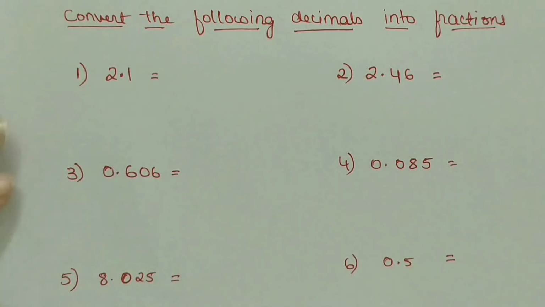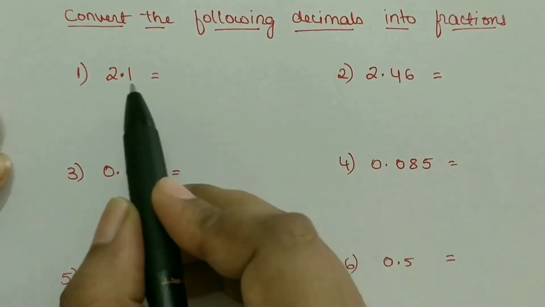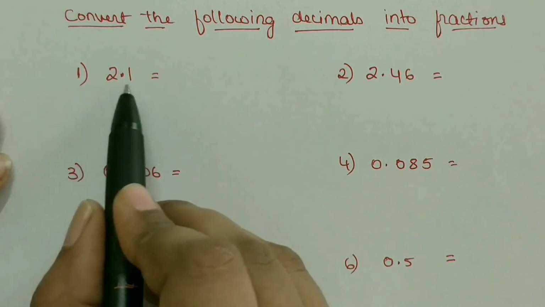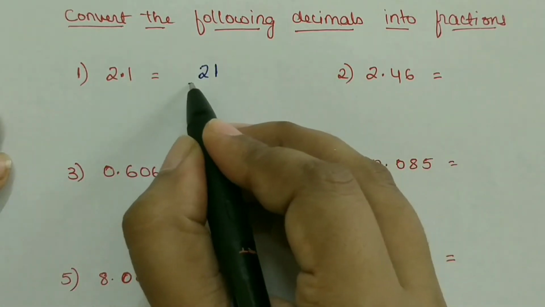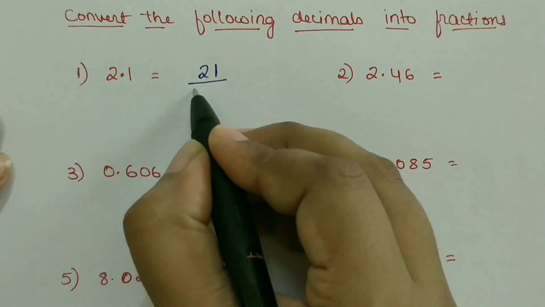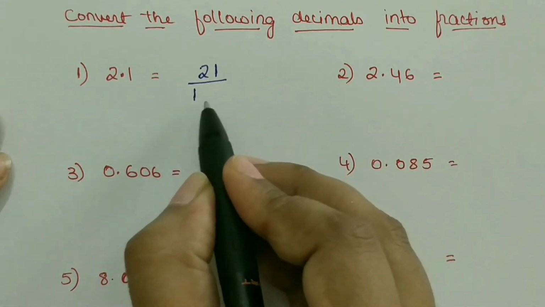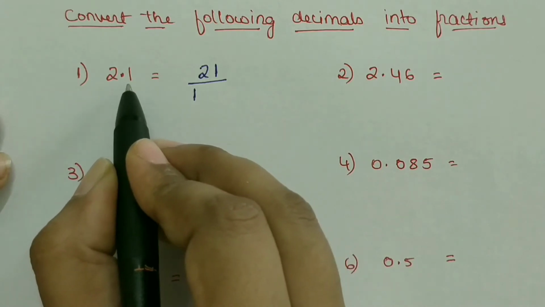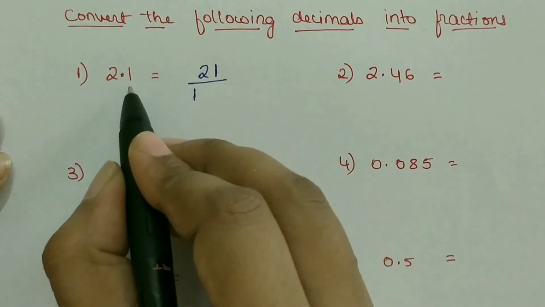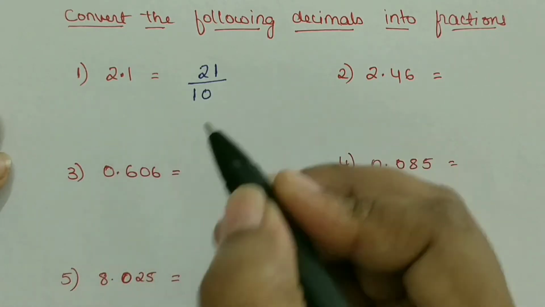Example 1, 2.1. So neglect this point and write it as 21. Now in the denominator, to the right of 1, keep the number of zeros equal to the number of digits in the decimal part. So 1 digit, 10.